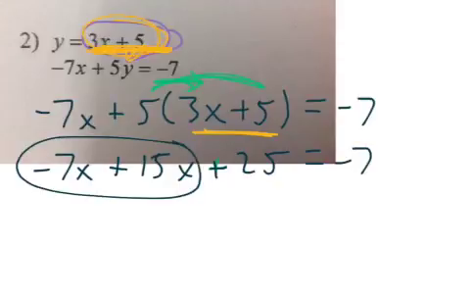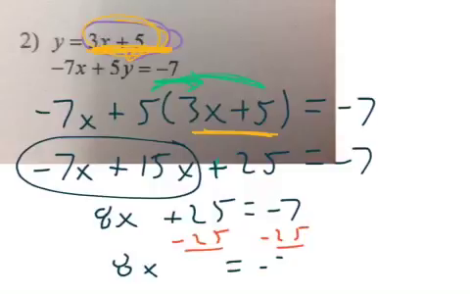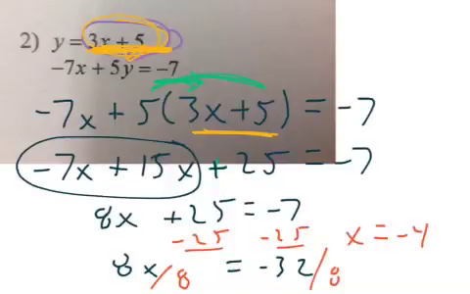And then the 15x and the minus 7x combine to be 8x plus 25 equal to negative 7. I'm now going to subtract 25 from both sides. So 8x equals negative 32. Dividing by 8, x is negative 4.